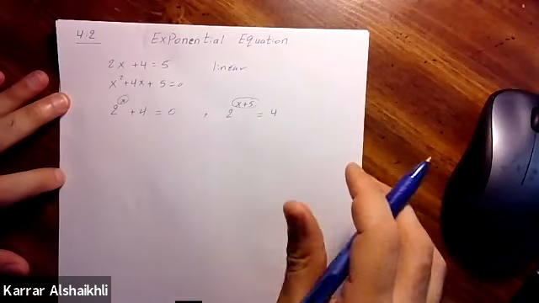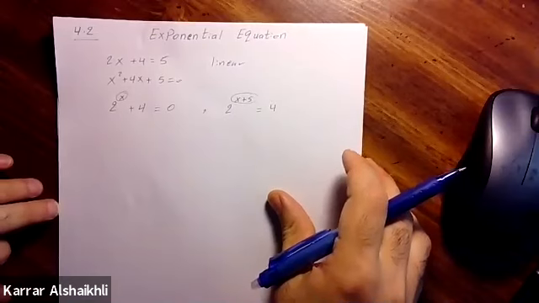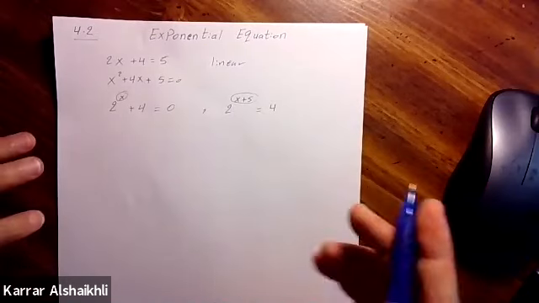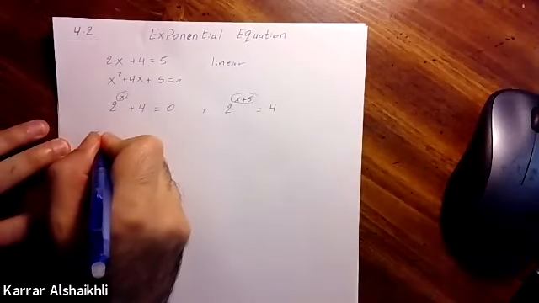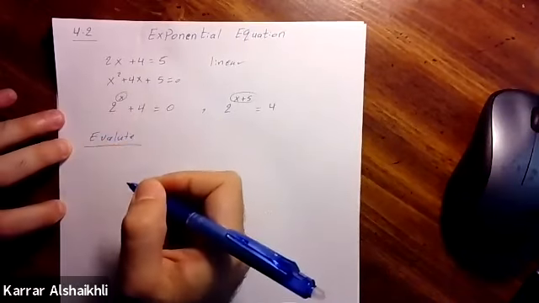Again, we're going to use that when we graph the exponential equations. Now if they ask you how to evaluate exponential equations, you're going to use exactly the same method.